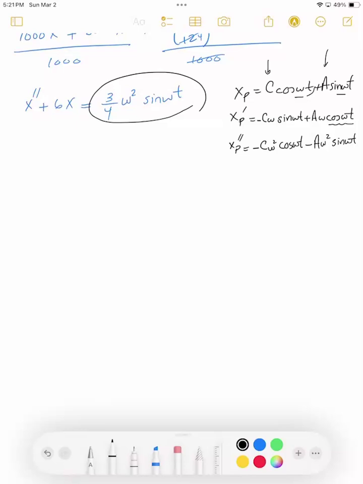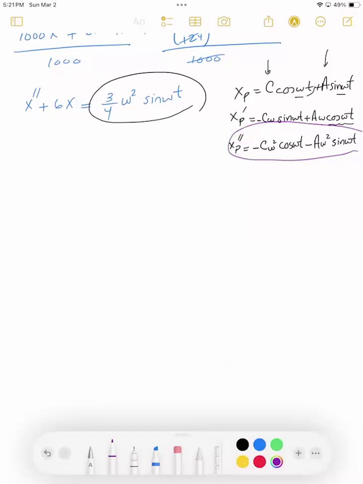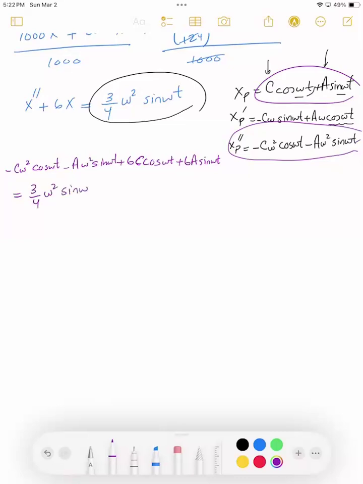I'm going to put this for x double prime, so we get minus c omega squared cosine omega t minus a omega squared sine omega t, plus 6 times x, which is 6c cosine omega t plus 6a sine omega t, is equal to 3/4 omega squared sine of omega t.